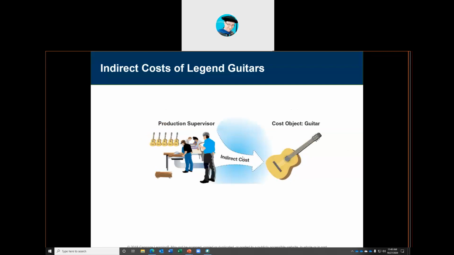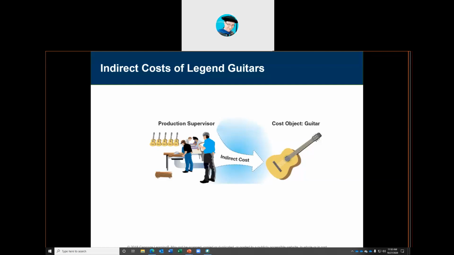Indirect costs. The production supervisor's salary is an example of an indirect cost. The reason being is because the production supervisor is not actually manufacturing the product, he's just supervising the people that do. That's why the production supervisor's salary is not a part of direct cost, because he's not touching the physical product. Think of direct cost, you're physically touching the product.